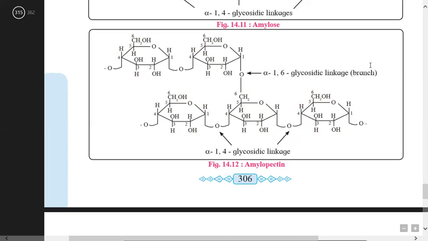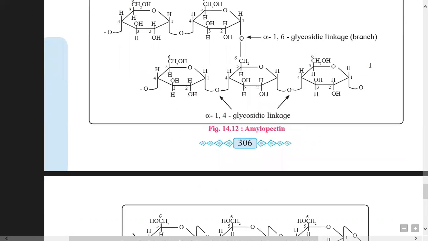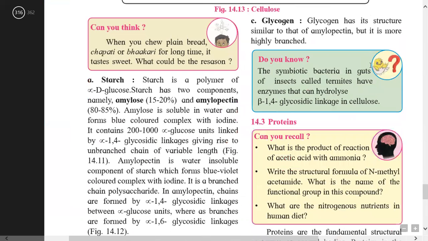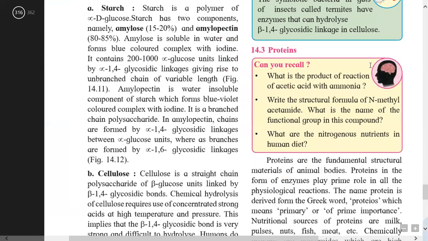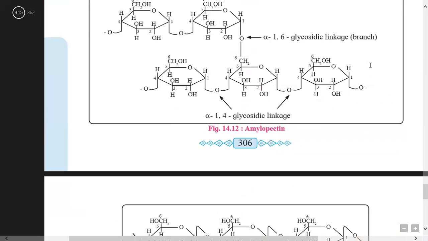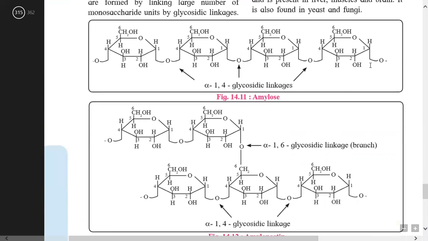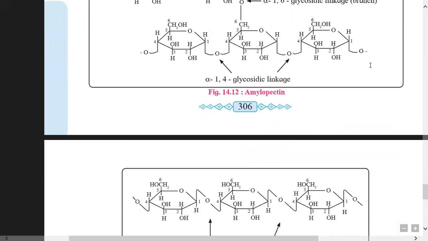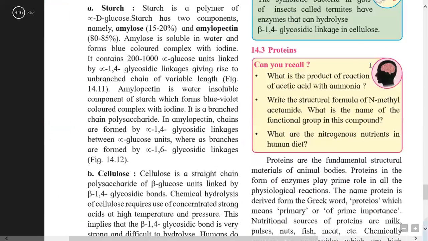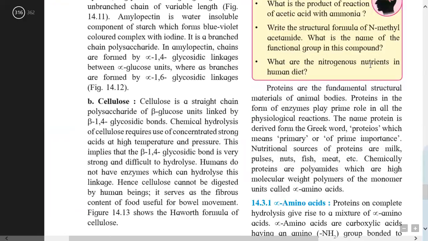Therefore, amylopectin is a branched component of starch. Here we studied two types of linkages, alpha 1,4 and alpha 1,6 glycosidic linkage, and that is about the structure of amylose and amylopectin, and hence the structure of the first polysaccharide, that is starch.